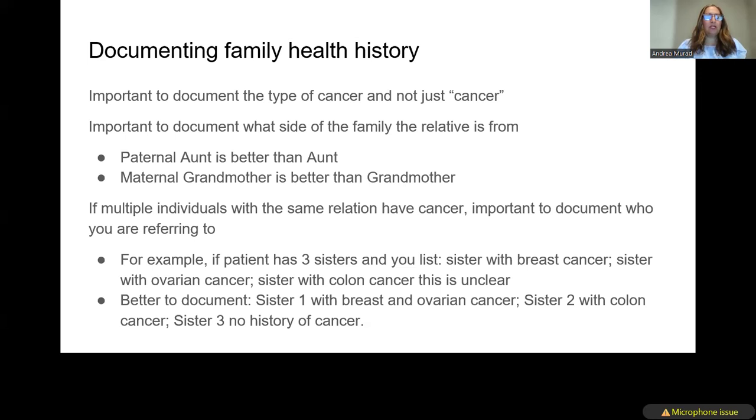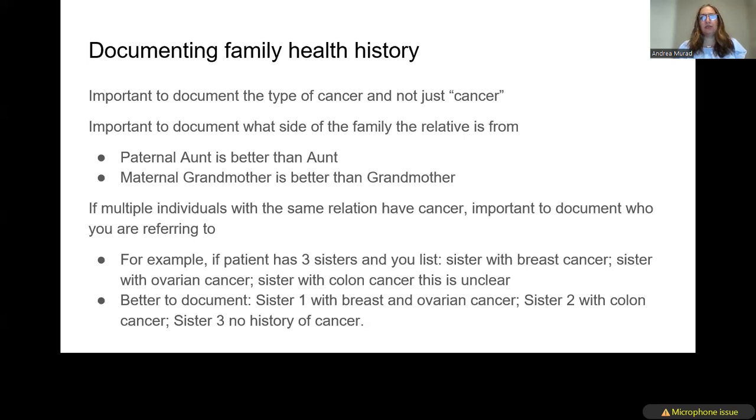The other thing that's important when documenting a family history is trying to be more specific about the individuals you're referring to. So if there are multiple individuals with the same relationship to your patient that have had cancer, be pretty specific about who you're referring to.